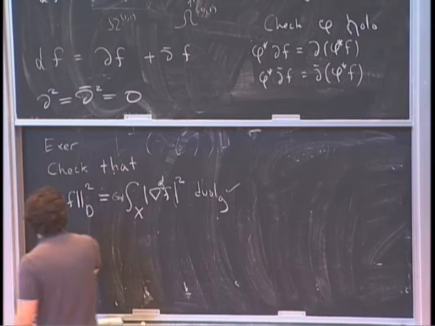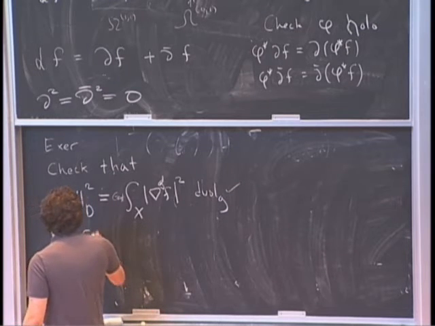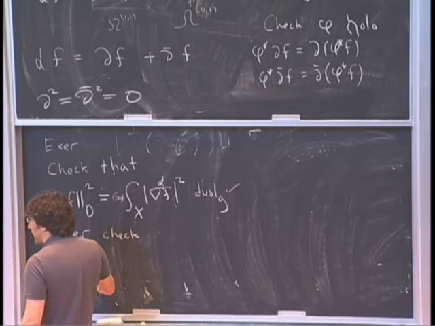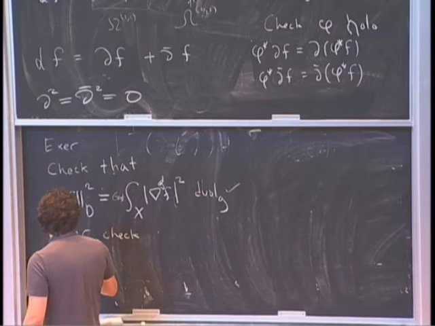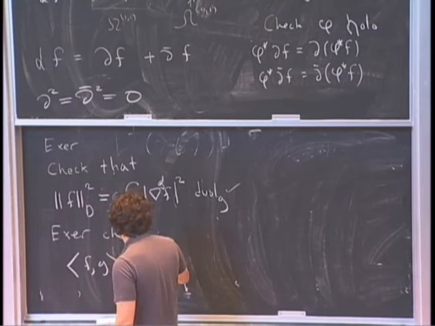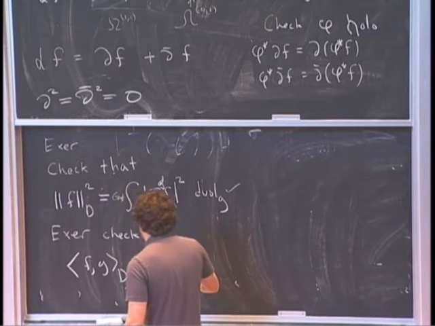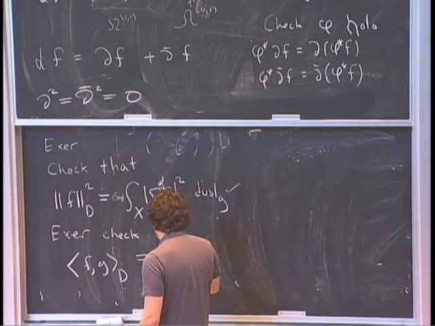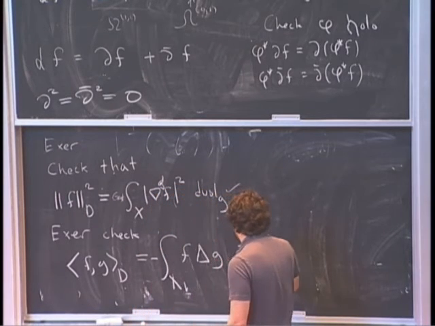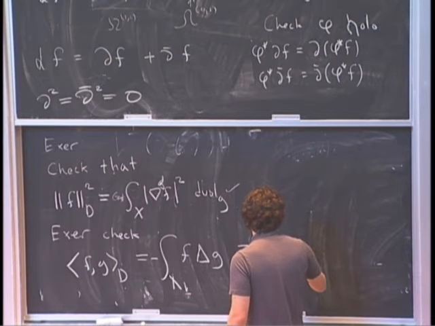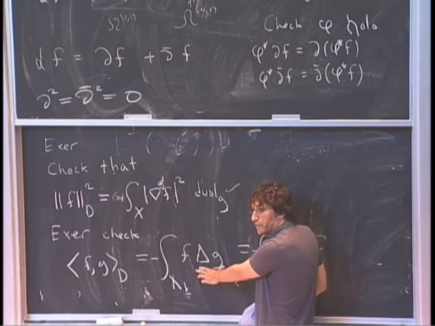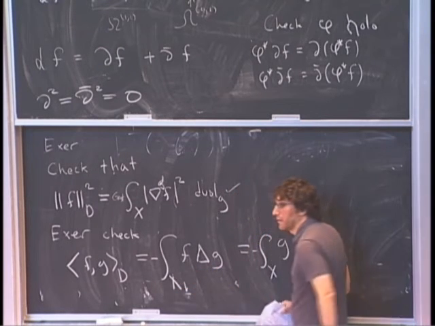So this is maybe an exercise as well: check that if we take f and g, where these again have compact support, this is equal to, with a minus now, assuming I got all the signs right, the integral over x of f Laplacian g, which is the same as the integral over x of minus g Laplacian f. This makes sense because this is a 2 form, so we can multiply a 2 form by a function and integrate it.